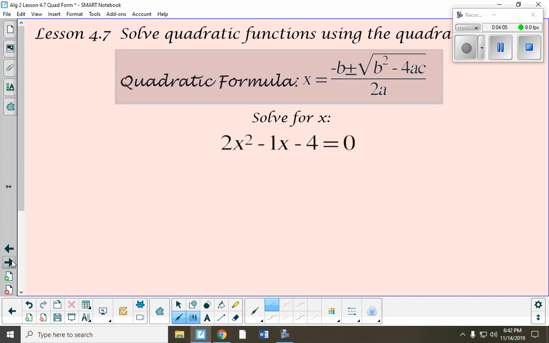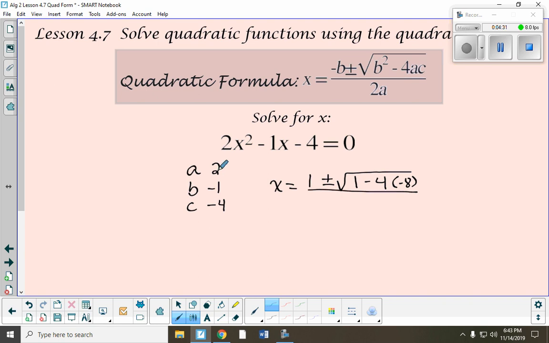Let's look at this next equation that we looked at earlier. a, b, and c would be 2, negative 1, negative 4. So x is equal to negative b, and the opposite of negative 1 is plus 1, plus or minus the square root of b squared. So again, negative 1, if we square it, would be positive 1, minus 4 times a times c, which is negative 8.